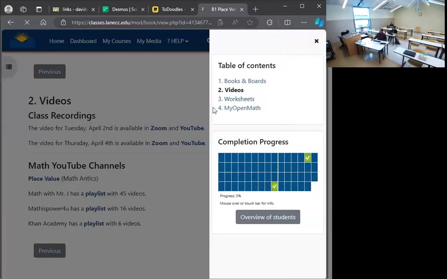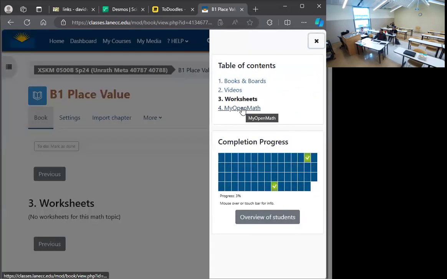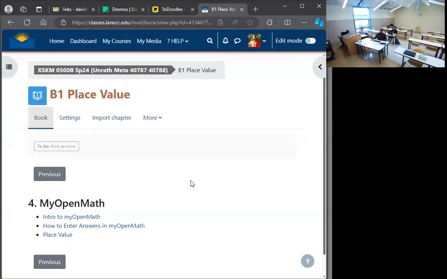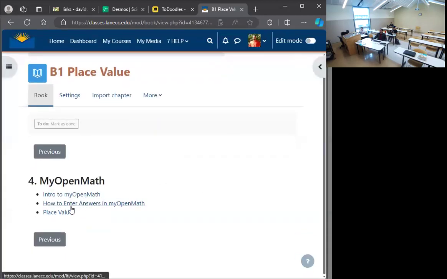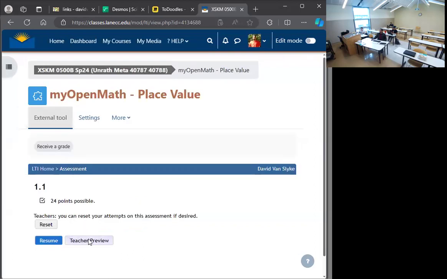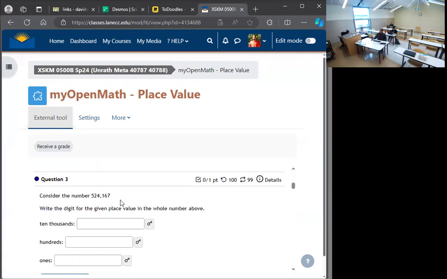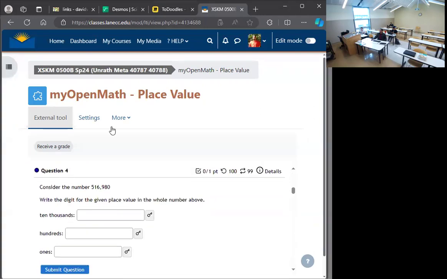There's good ones. There's no worksheets for this first topic. And once you've had enough practice, remember most of your practice comes from the textbook, then you can do these 3 My Open Math assignments and show off that you are doing good stuff and know all of the math.